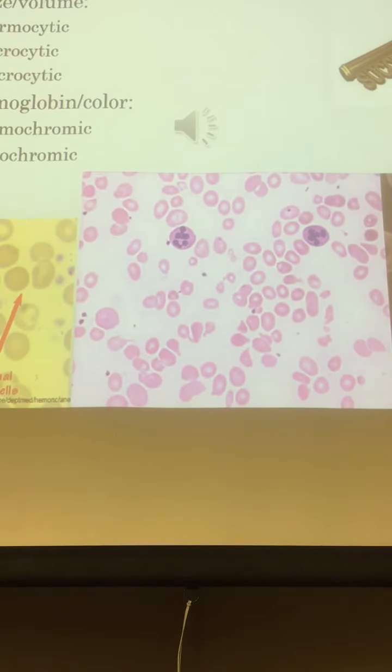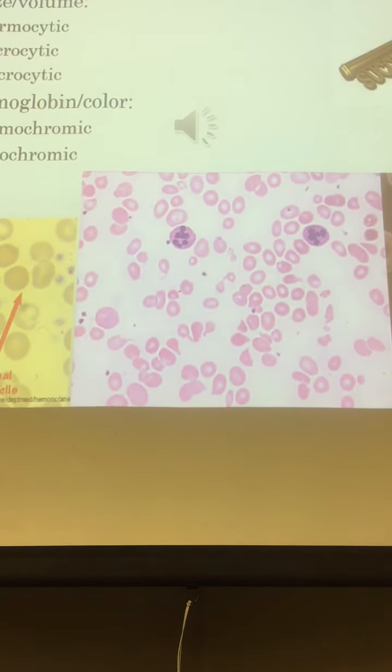Why? Because if you think about it, that framework is still the framework. So if you take a bunch of those frameworks and put them in a bigger cell, yeah, you're going to have more of those frameworks, but they're still going to be the same density. Does that make sense? Or not? So you can have small pale cells, but what you can't have is really large, overly red cells, because despite the size of the cell as it gets bigger, you still can't put more and more hemoglobin in there so that it makes it more concentrated, because the framework just kind of runs into each other.